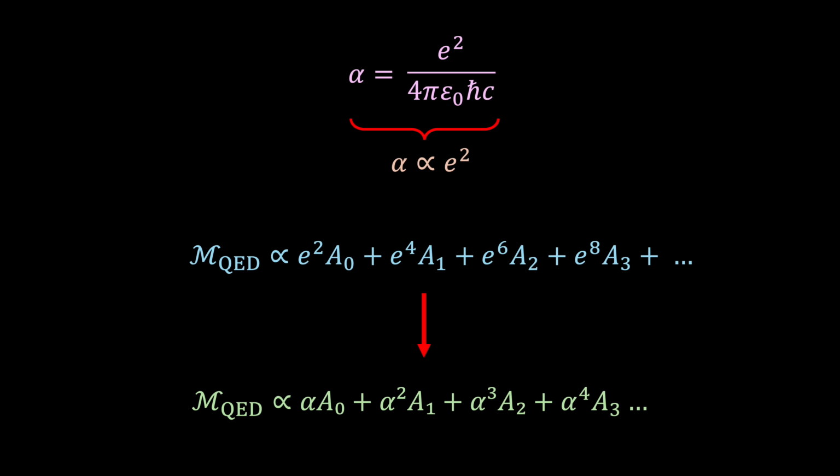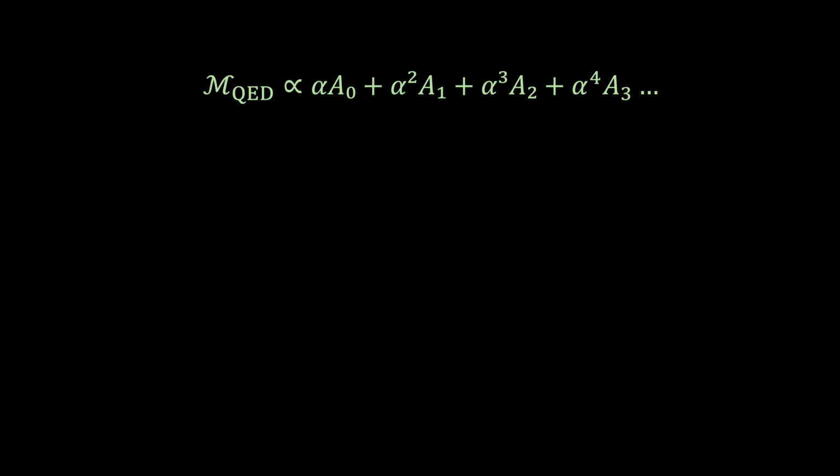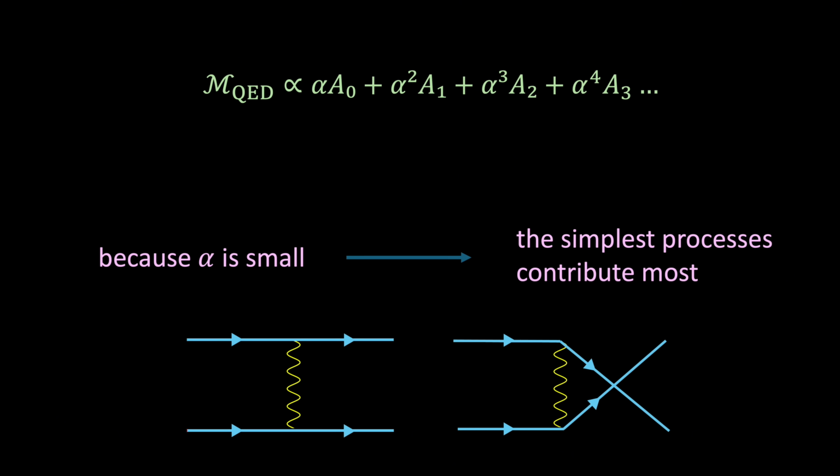Those proportional to alpha squared include two photon exchanges or one loop corrections, and higher powers correspond to increasingly complex processes. And here is the crucial point. Because alpha is so small, the simplest processes contribute most to the final probability, while higher order terms are suppressed by additional powers of alpha.